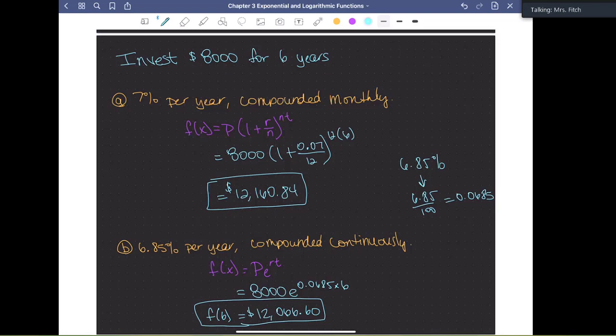So the biggest thing when it comes to these problems, and sometimes in the textbook I think it's kind of a little bit of a downfall, is they'll put all of the compounded monthly, semi-annually, biannually, all those things together, and then they put all the continuous problems all together.